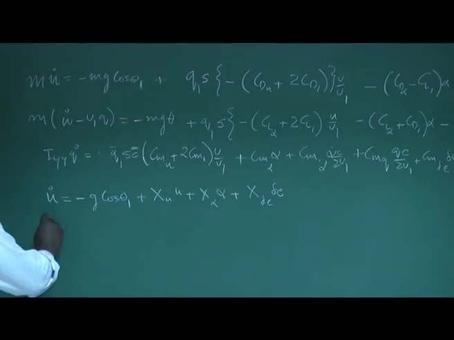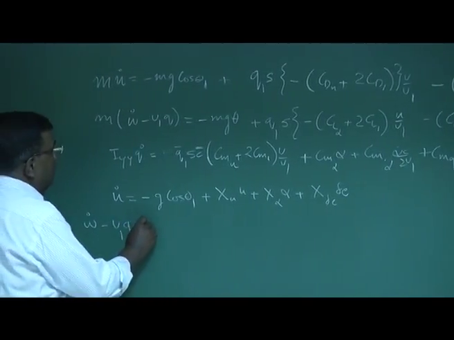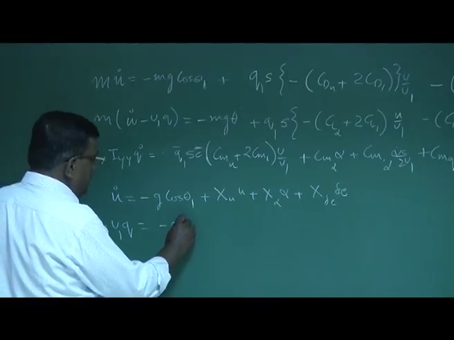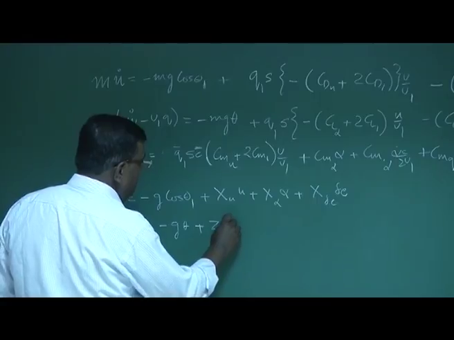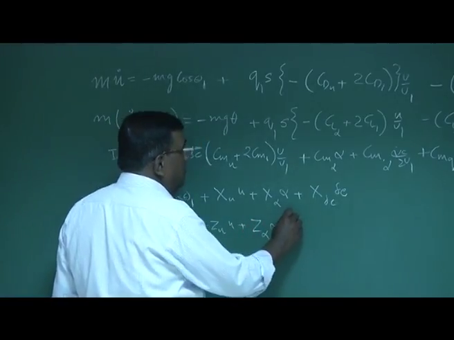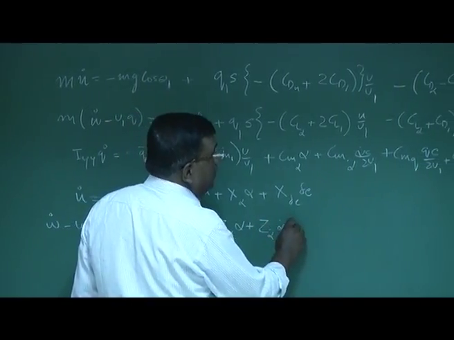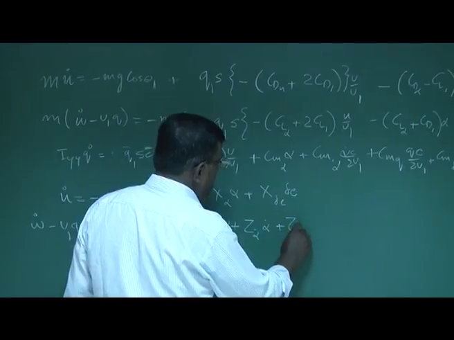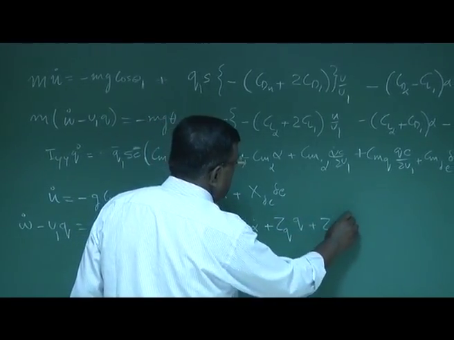Similarly, w dot minus u1 q is equal to minus g theta plus Zu into u plus Z alpha into alpha plus Z alpha dot into alpha dot plus Zq into q plus Z delta e into delta e.